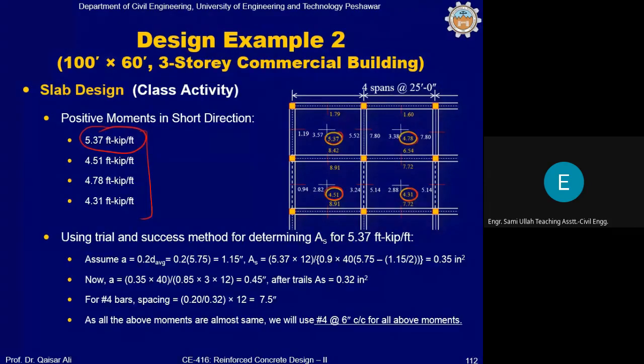For this, if you calculate the design reinforcement from trial and error, the design reinforcement is coming 0.32 inch square and for number 4 bar the spacing is coming 7.5. So as all the moments are almost the same, we will use number 4 at 6 for all the above moments.